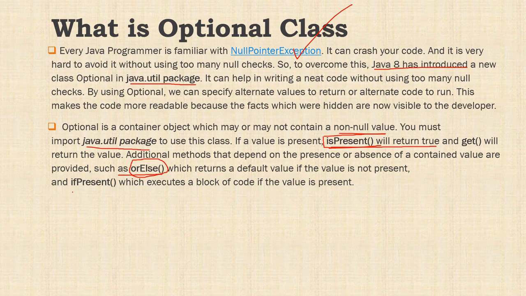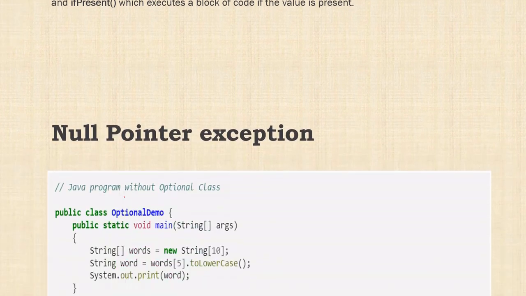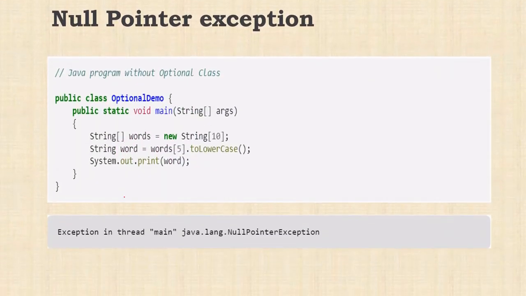Okay, so these are examples of Java 8 methods. isPresent returns a boolean, or else you can provide a default value. And ifPresent, if a value is present, then it will run some line of code. We have almost 10 to 15 methods inside the Optional class, so we'll see one by one, no need to worry.